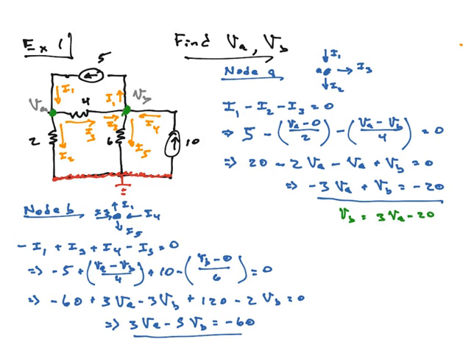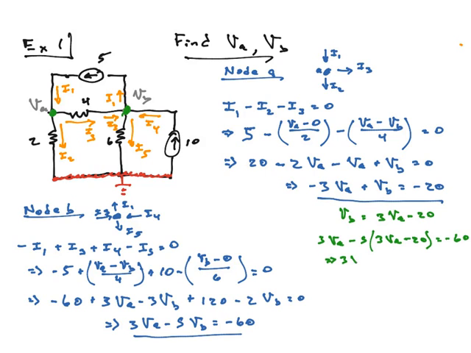Now I take that VB and plug it into node B's equation, where VB is. So I have 3VA minus 5 times VB, which is 3VA minus 20, is equal to minus 60. Clean this up.